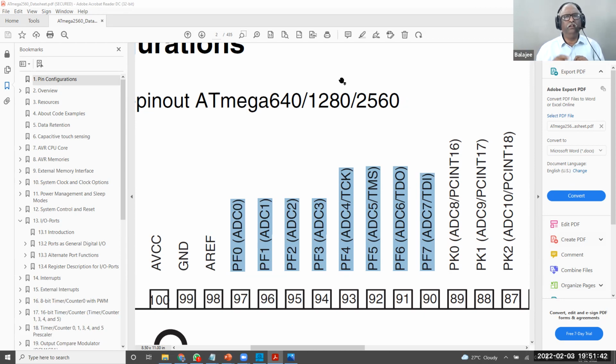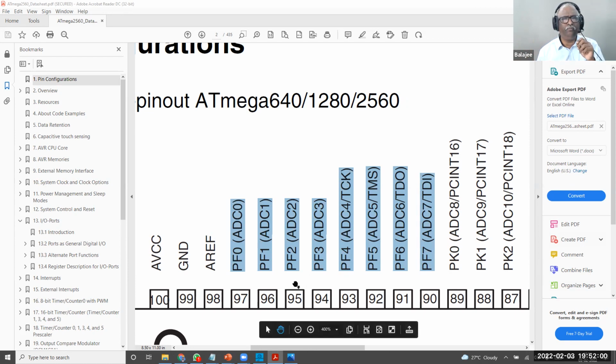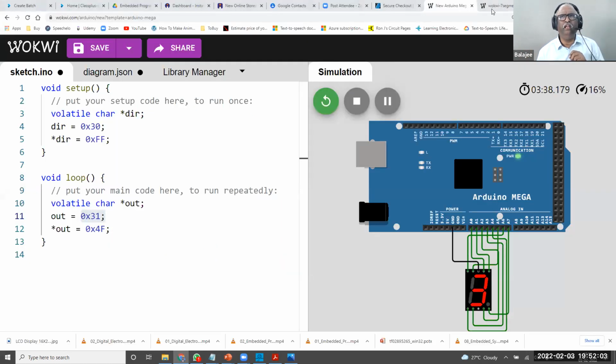Now what happened? There is a company called Arduino. Somebody started a company, forget about who started it, we don't know. Somebody started a company called Arduino, like Eastern Academy. They bought the chip from whom? Atmega. And if you want, I can show you.